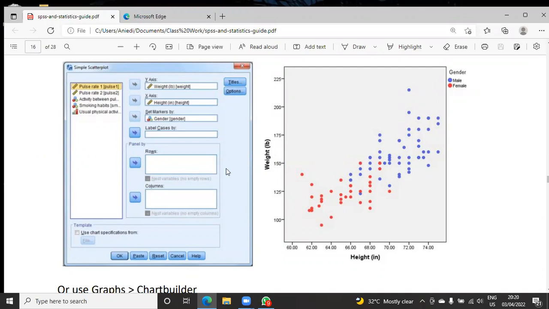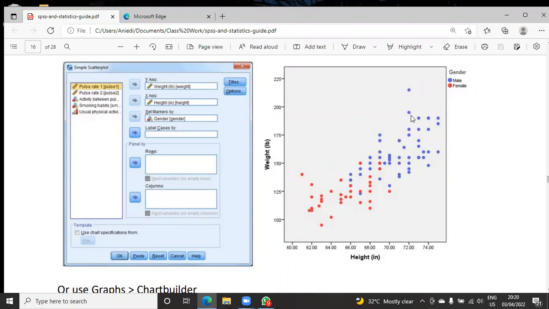And you can see a male of 72, I don't know if the height is in meters or centimeters, but the male who is 72 has the highest weight.